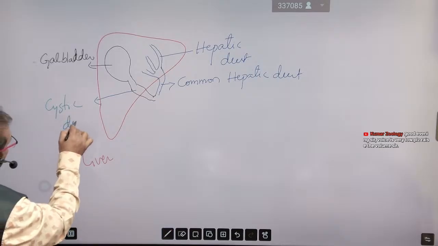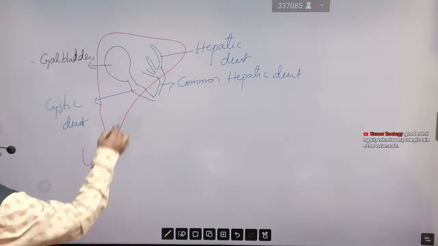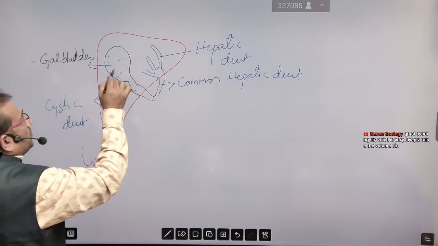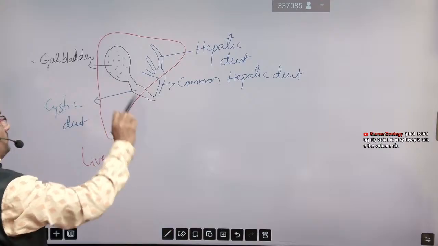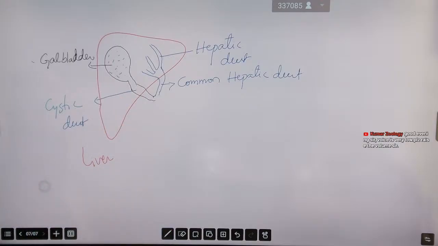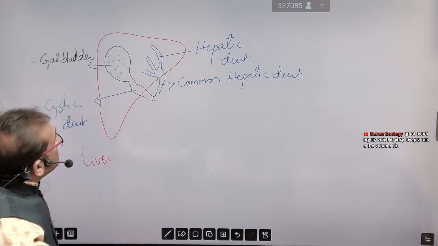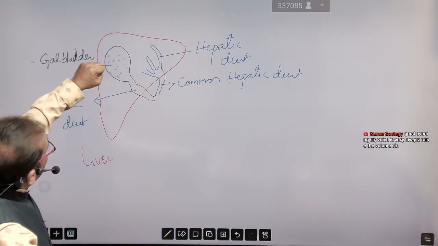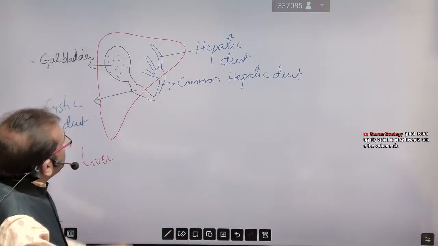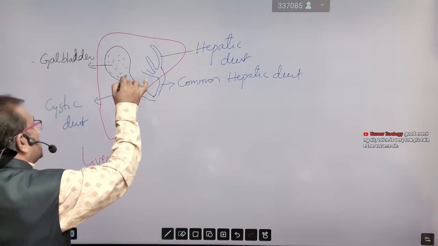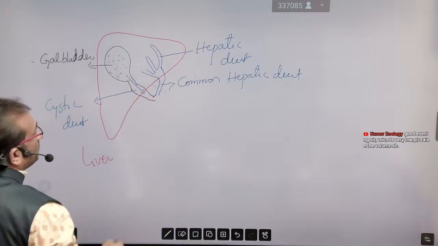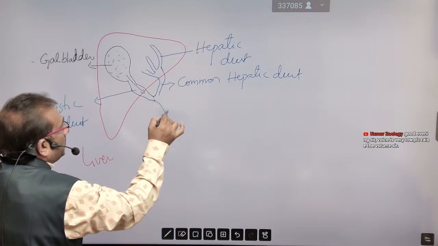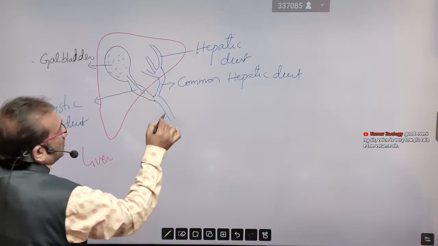When the juice wants to come outside, the constriction of the gallbladder is enhanced by a hormone, cholecystokinin, which activates the constriction of the gallbladder and releases the bile juice, and the bile juice comes through the cystic duct. So this is the way of the bile juice. The cystic duct and the common hepatic duct collectively form another canal, called the common bile duct.